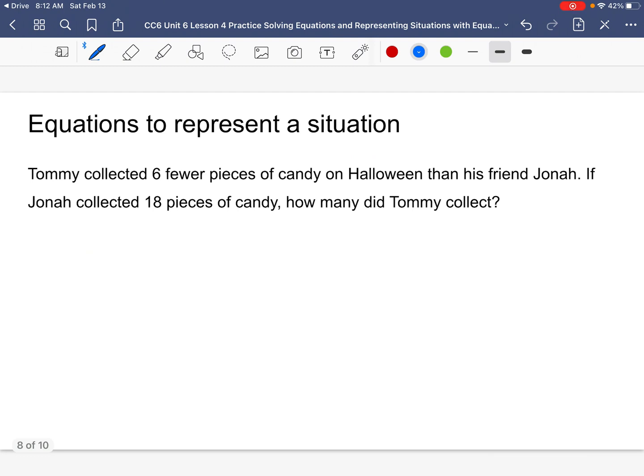So let's write an equation to represent a situation. We've got Tommy collected 6 fewer pieces of candy on Halloween than his friend Jonah did. If Jonah collected 18 pieces, how many did Tommy collect? So I'm going to start off by defining my variable. Let x equal how many pieces Tommy collected.